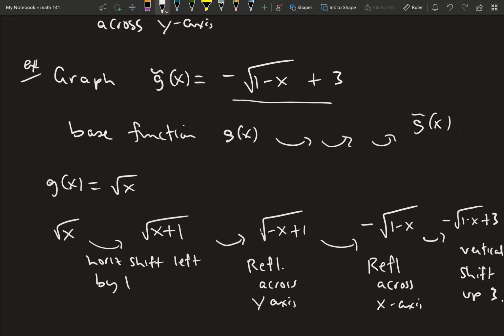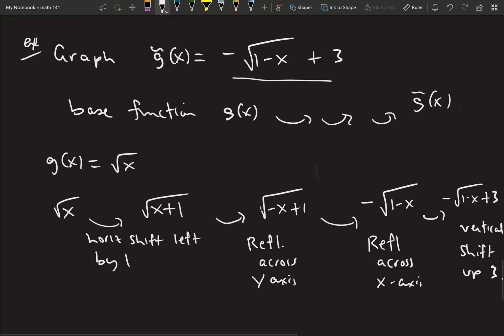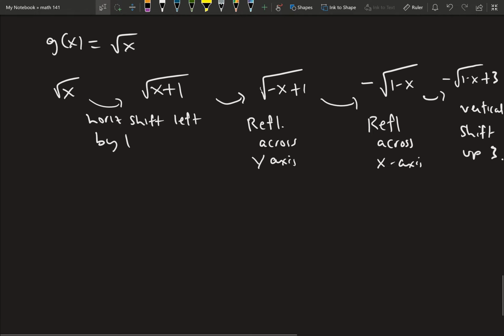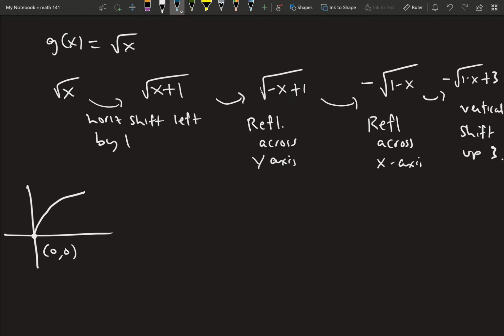So if you want to do it stage by stage, this is how you would do it. Let's continue this path. This is the square root of x, and let's label the base point here, 0, 0. And it'd be good to draw some dividing markers here.